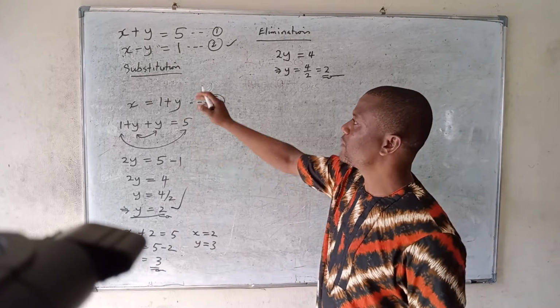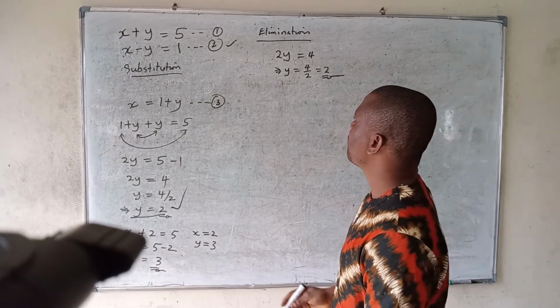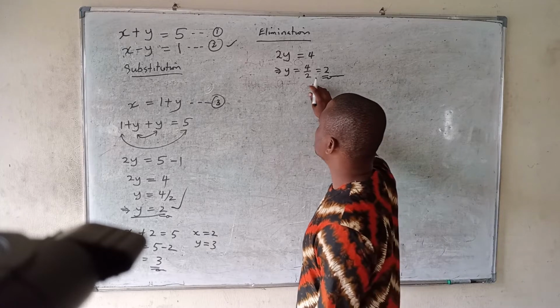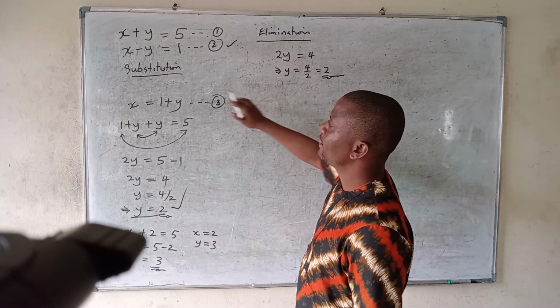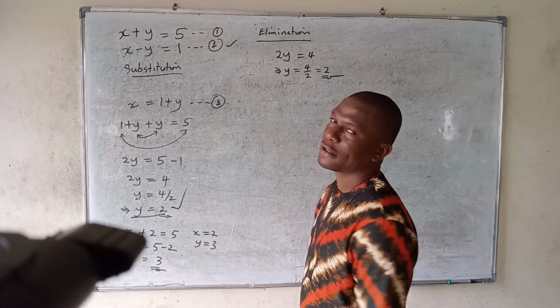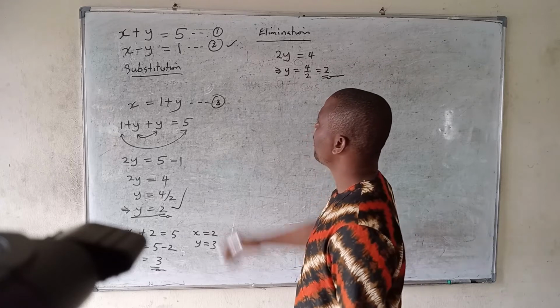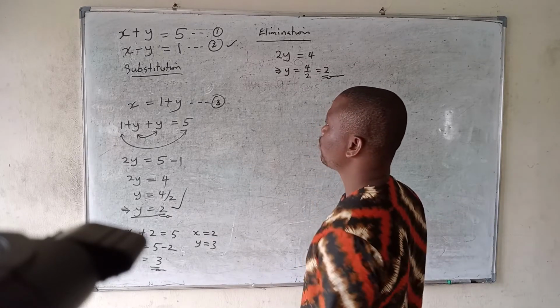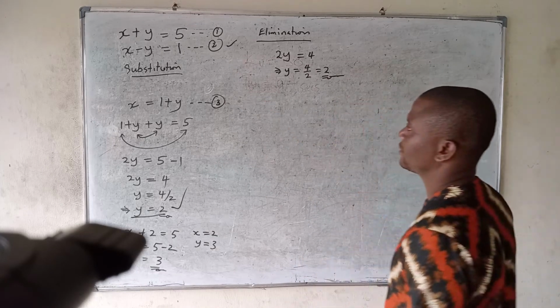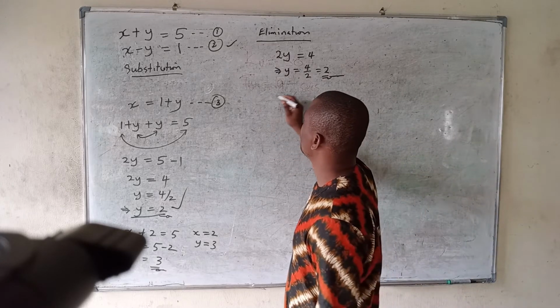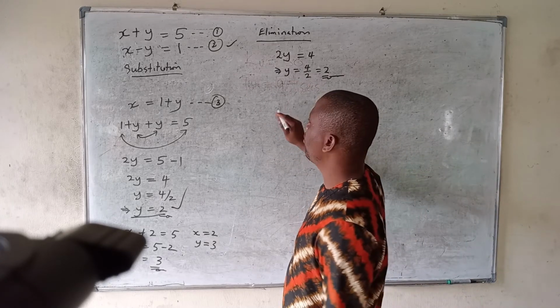Using the substitution technique. Further, we substitute the value of y into equation 1 or 2 to have the value of x. So let's choose any of the equations. Let's go for equation 2 and substitute the value of y.